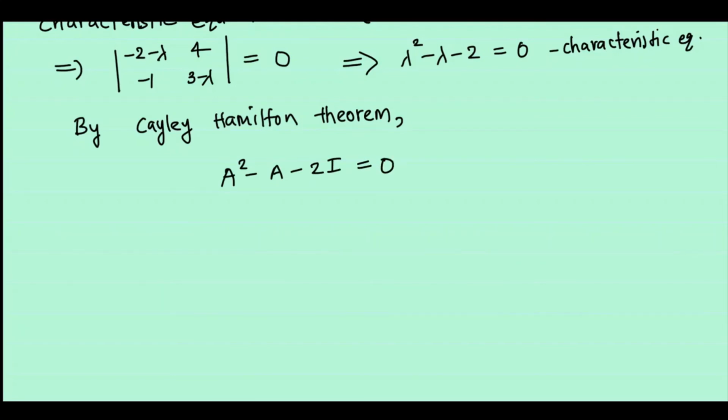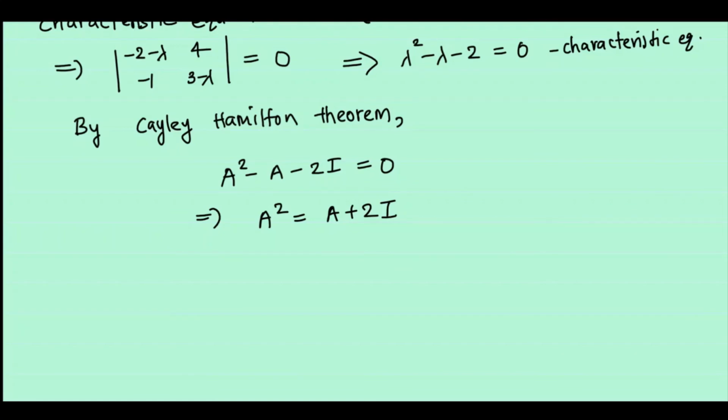So the matrix A is satisfying its characteristic equation. So from here we will get A square is equal to A plus 2I. A is the given matrix. So if we want to find A square, what we have to do is A plus 2I. In this way we will get the value of A square. So we need not do multiplication to find A square, but simply we can do A plus 2I. So we will get A square.